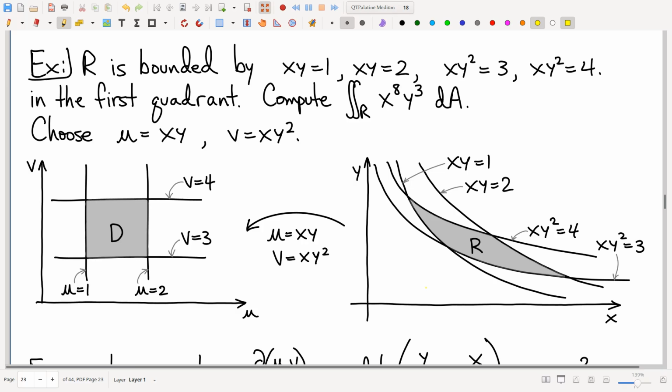All right, so here's the trick. The trick is, drum roll, take the function two of whose level sets are your first two curves, call that u.